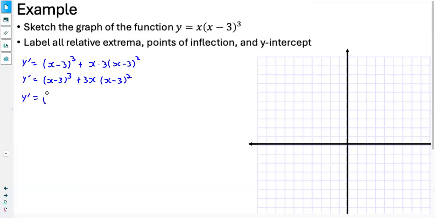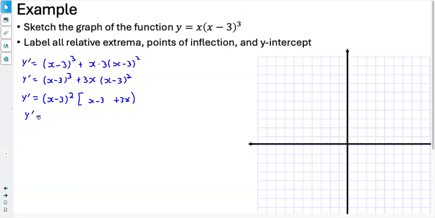That gives us x minus 3 squared times, that leaves us with an x minus 3 here, and a plus 3x here. Because this wasn't squared, technically we can get rid of those extra brackets and just combine our like terms in here.